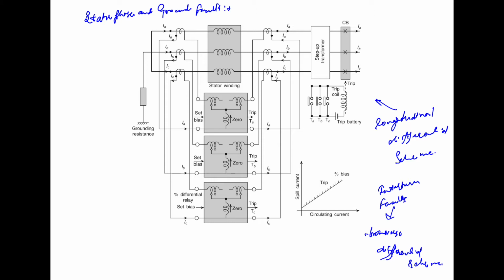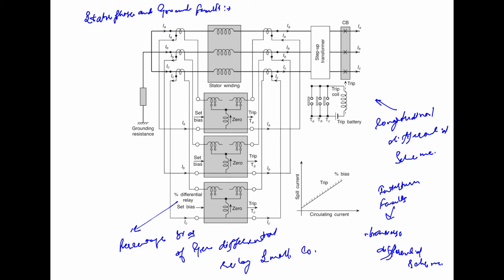So the percentage bias setting of the generator differential relay is quite small compared to the power transformer.